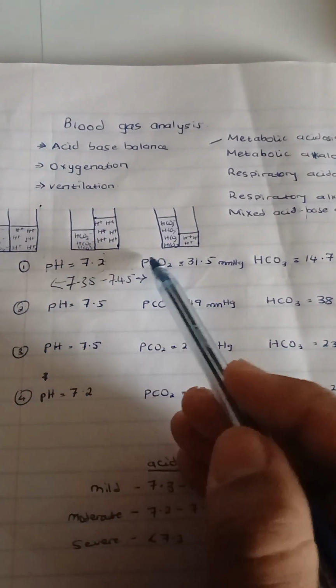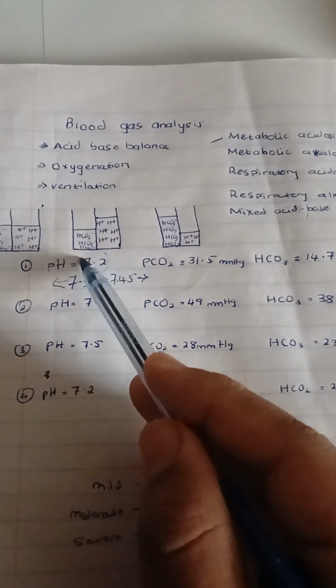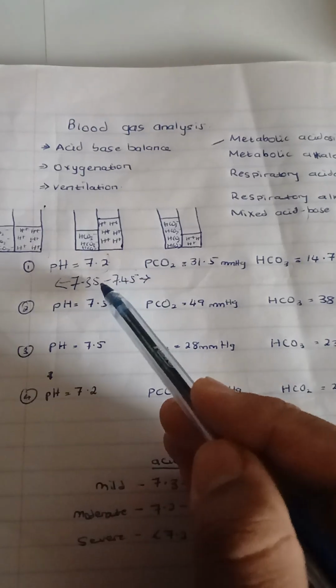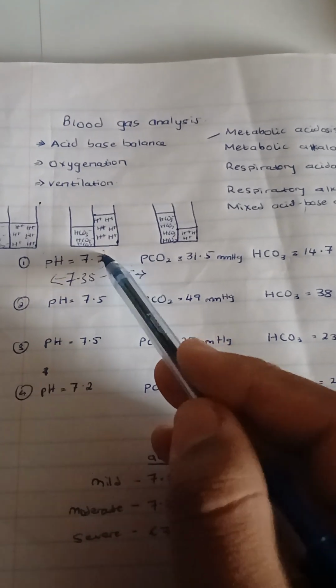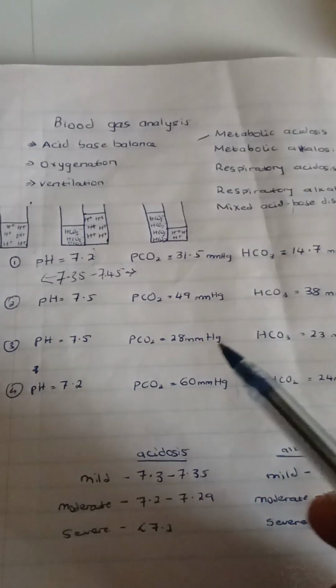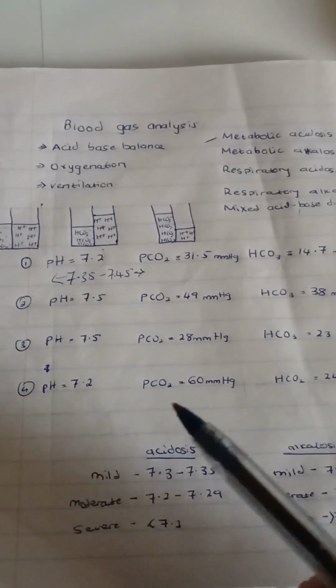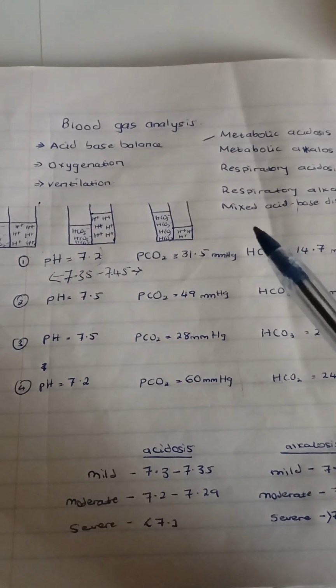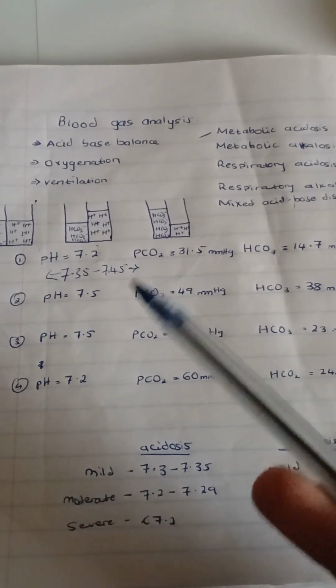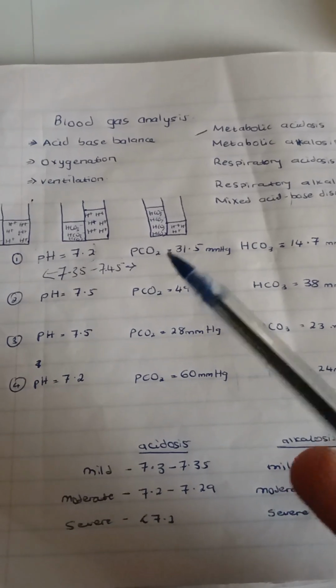In this case, the pH is 7.2. That's less than 7.35, so this is acidosis. Now we have answered the first question. This patient has acidosis. Now the second question: what type of acidosis is it? Is it respiratory or metabolic?